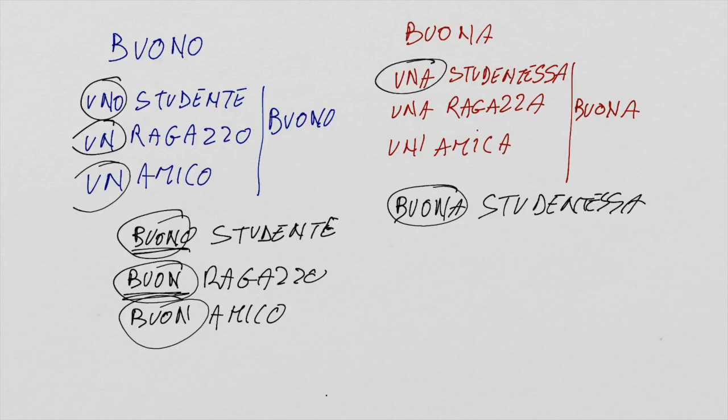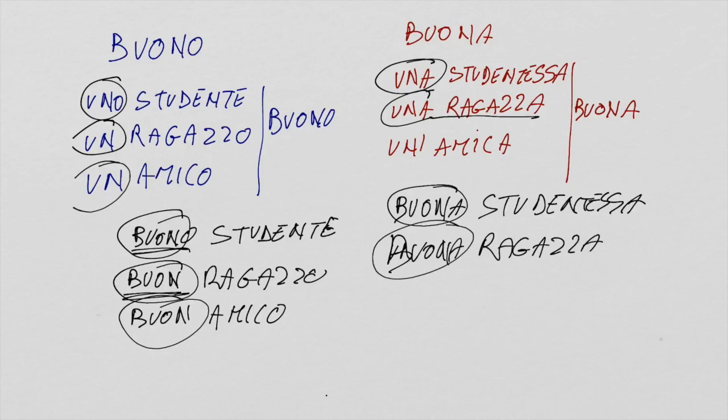So I use una in front of feminine nouns starting with consonants. So I use buona in front of all feminine nouns starting with a consonant. So even una ragazza, so buona ragazza.